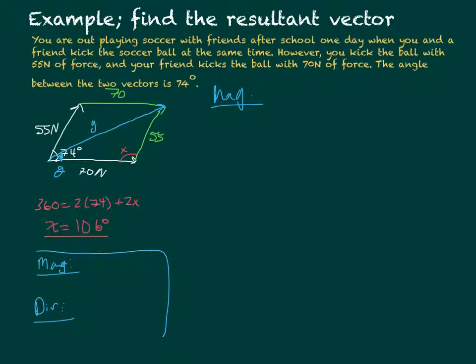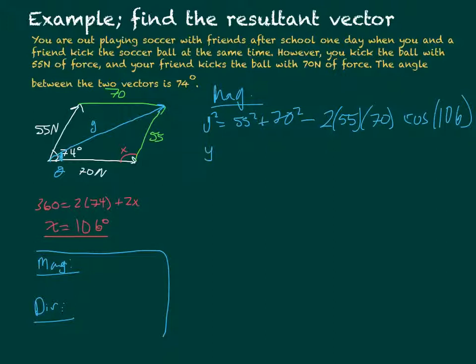If we call that y, then y squared equals 55 squared plus 70 squared minus 2 times 55 times 70 times cosine of my included angle, which I already found to be 106.